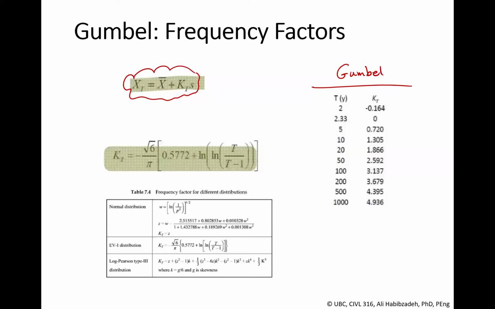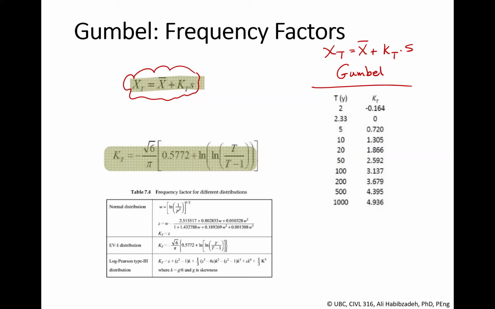For a given T or P, you can pick up the KT values from this table and plug it into your method of moments to get your XT, Q100, Q50, Q200, whatever, right? So it's basically using X sub T equals X bar plus KT times S. I still need X bar and S, so I need data to calculate those, then pick my T, get KT, and then calculate X sub T for whatever T I want.